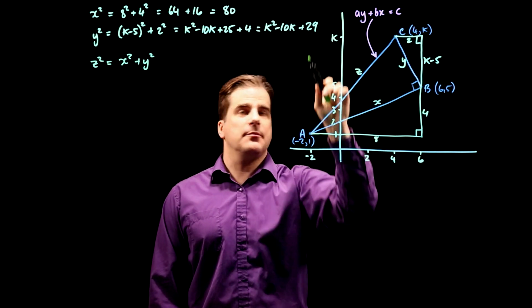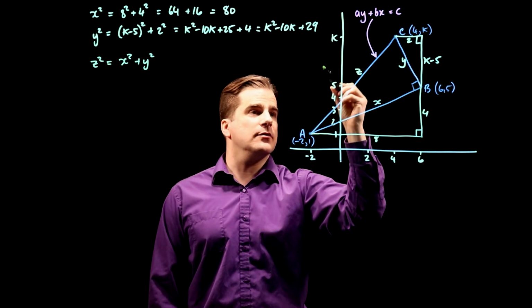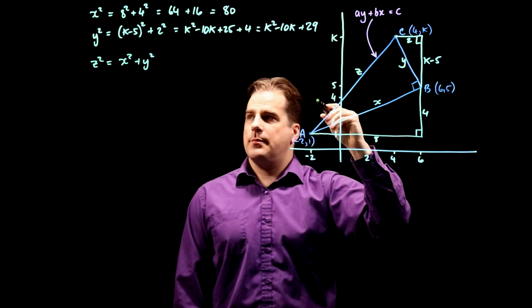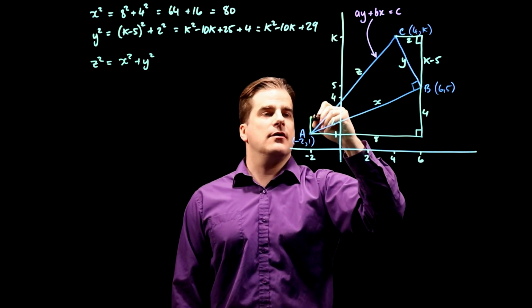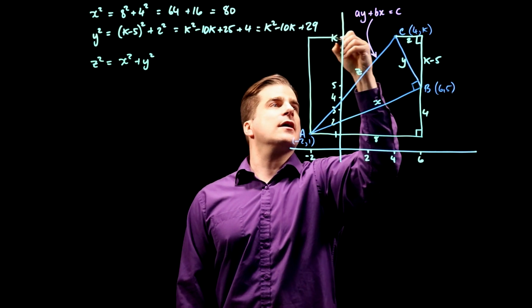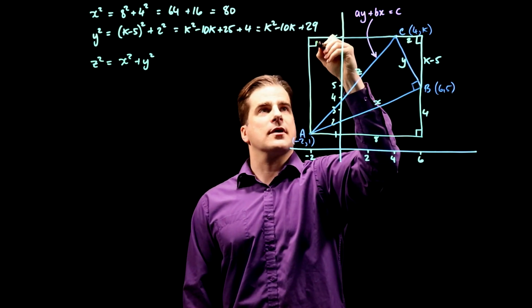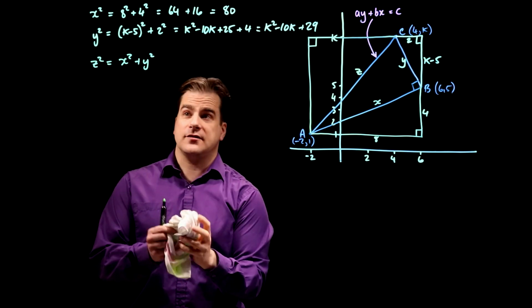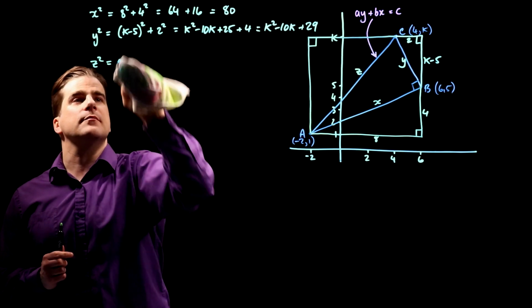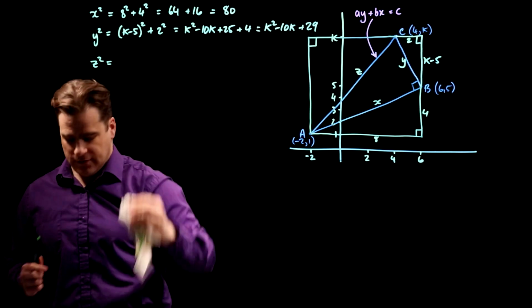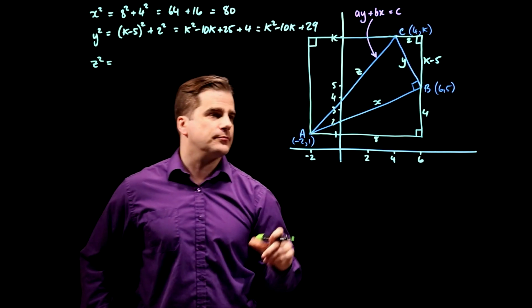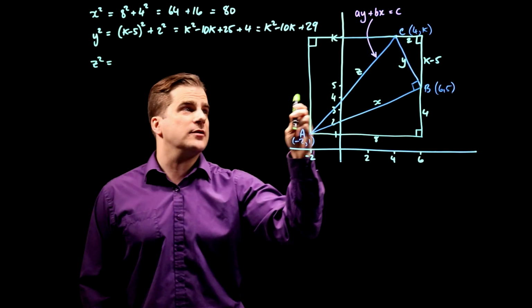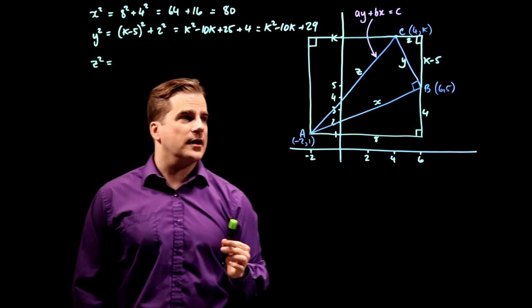Okay, I've jumped one stage. We need to do Pythag on this triangle. So z squared is equal to x squared plus y squared, but we need to do the same thing as before. Z squared is also equal to that squared plus that squared.